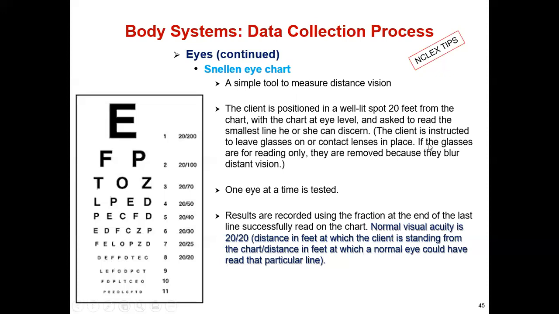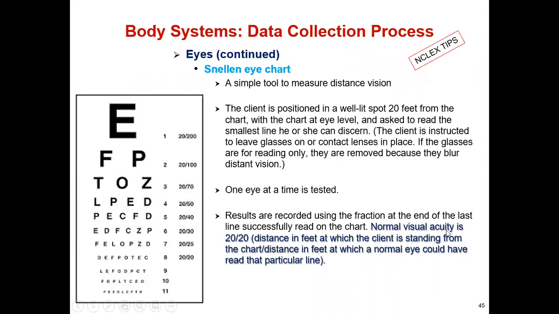If the glasses are for reading only, they are removed because they blur the distant vision. Check one eye at a time. Results are recorded as a fraction at the end of the last line successfully read on the chart.